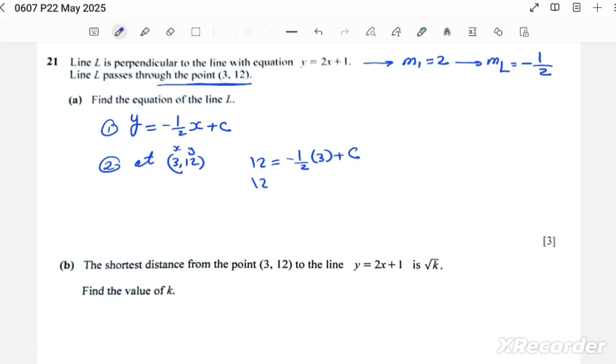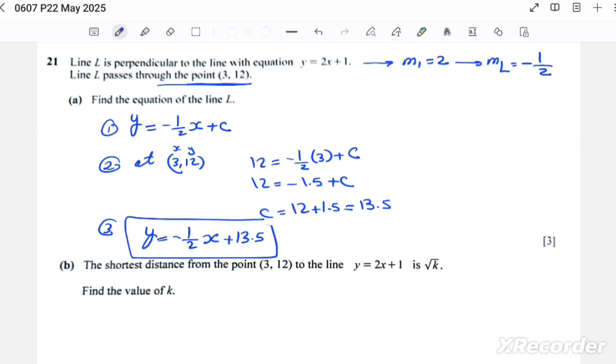So 12 equals negative 3 over 2, or you can say negative 1.5, plus c. So c itself equals 12 plus 1.5, which equals 13.5. So this is c. So what is the equation now? The equation is y equals negative 1 half x plus 13.5. So this is the equation.